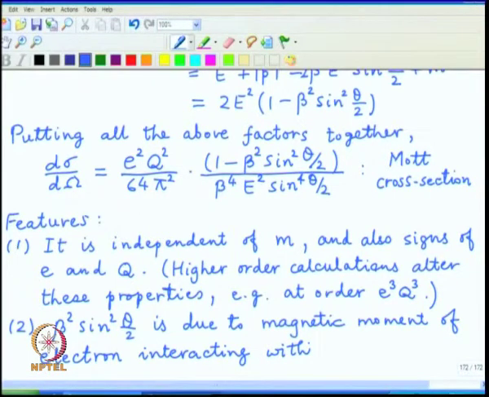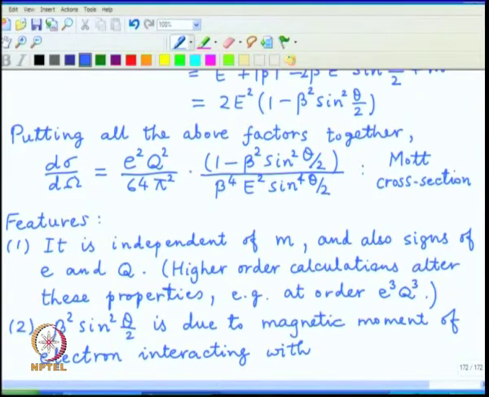It is a consequence of the magnetic moment of the electron interacting with the magnetic field which the electron feels in its own rest frame, because in the rest frame of the electron, the nucleus or the target charge is moving. It therefore has a current, and it will produce a magnetic field, and the magnetic moment of the electron will respond to that magnetic field, and that contributes to the cross section. This correction, beta squared sin squared theta by 2, is actually the consequence of that interaction.